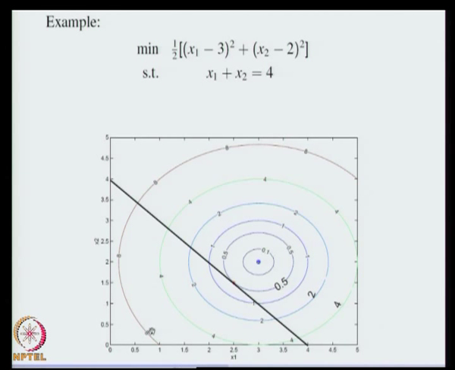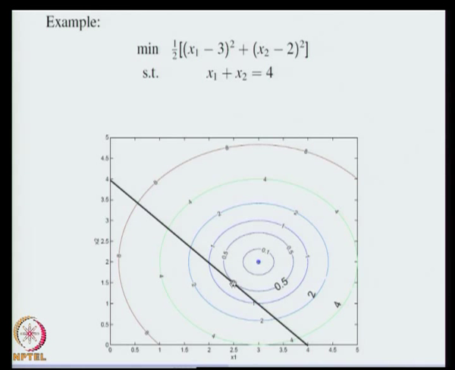Now, we are interested in finding out that circle which touches the line x1 plus x2 equal to 4 and is the circle with minimum radius. So, this is the line x1 plus x2 equal to 4, and we are interested in finding out the x1 and x2 pair where the circle touches this line and has the least function value.